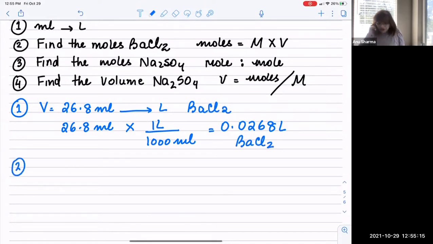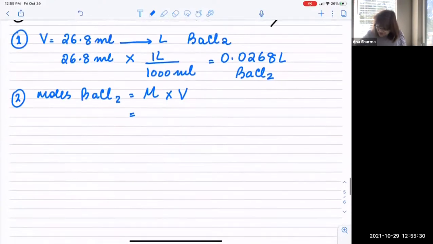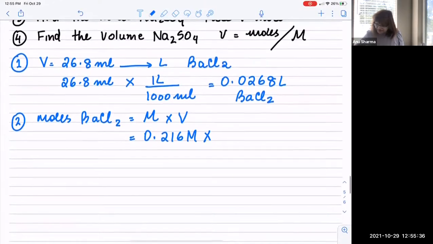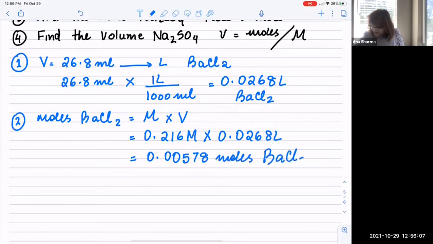Next, we find the moles of BaCl2, which is equal to molarity times the volume of BaCl2. You're given the molarity of BaCl2 as 0.216, so 0.216 molar times the volume, now 0.0268 liters, and you get 0.00578 moles of BaCl2.